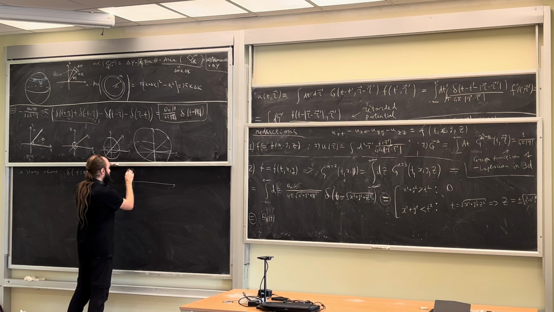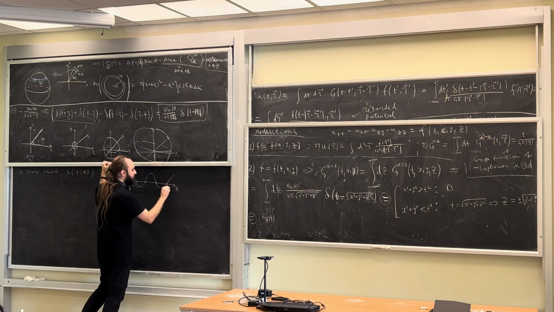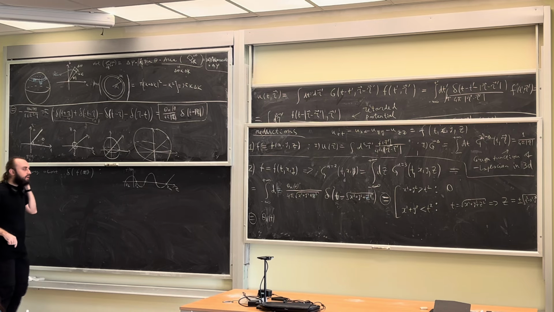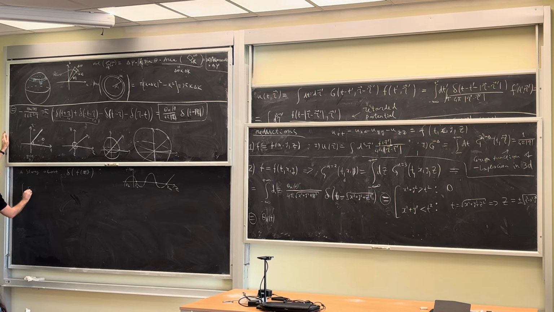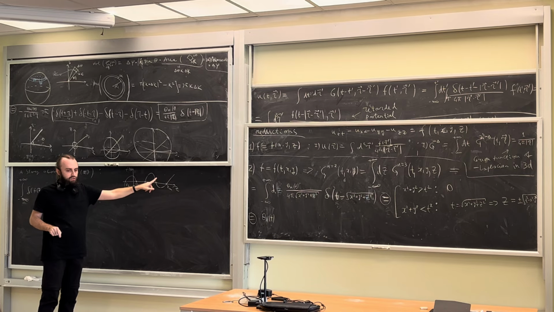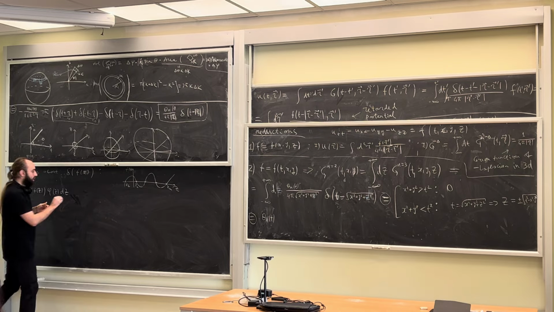Let this f of z be some function with several zeros, z1, z2, up to zn. If we integrate delta of f of z with a function phi of z from minus infinity to plus infinity, we can restrict this integral to vicinities of the zi, because the delta function is zero at all other points, when its argument is non-zero.